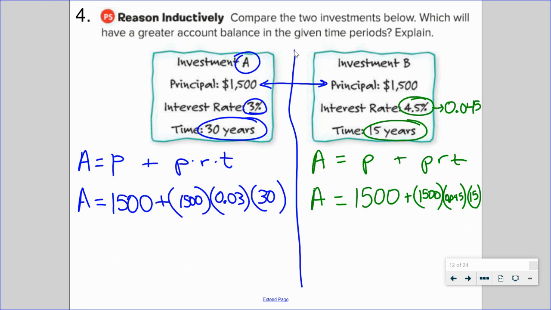I have done my own calculations with this and found that on the left, smaller interest rate, I would even say much smaller, but for extra time, we end up with $2,850. All right, let's take a look at the right. Much higher interest rate. Yeah, there's less time, but let's find out what happens.